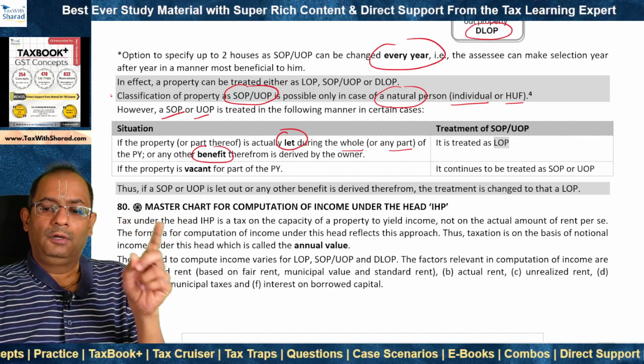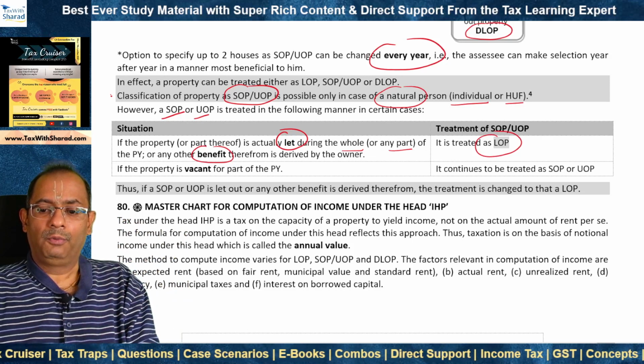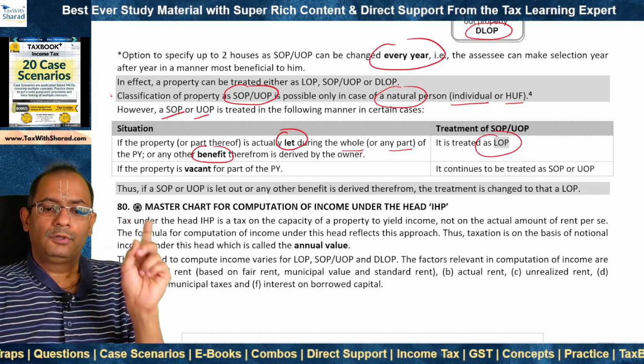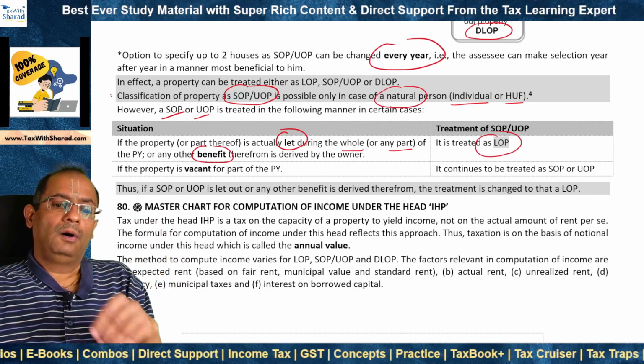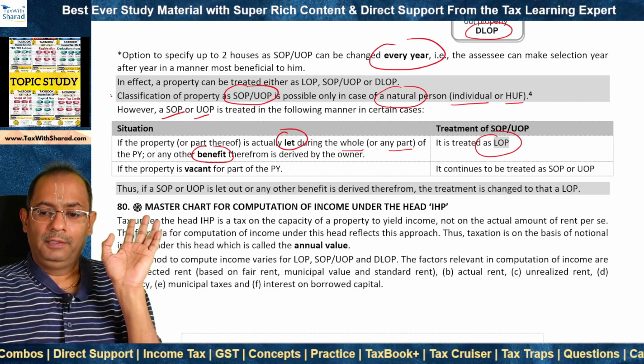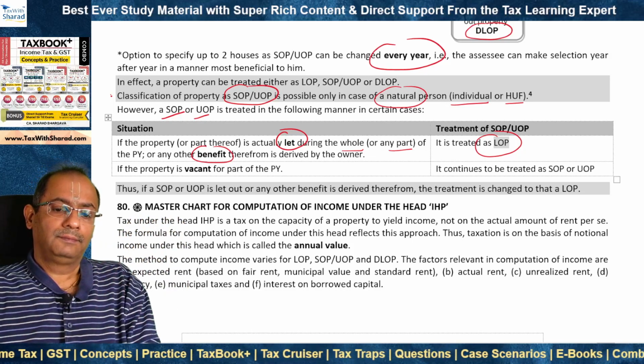Then the property is not treated as SOP or UOP, rather it gets treated as a let out property or LOP. So if the property is actually let during the whole or any part of the previous year, or any other benefit therefrom is derived by the owner, then the tax treatment is changed to that of a LOP.